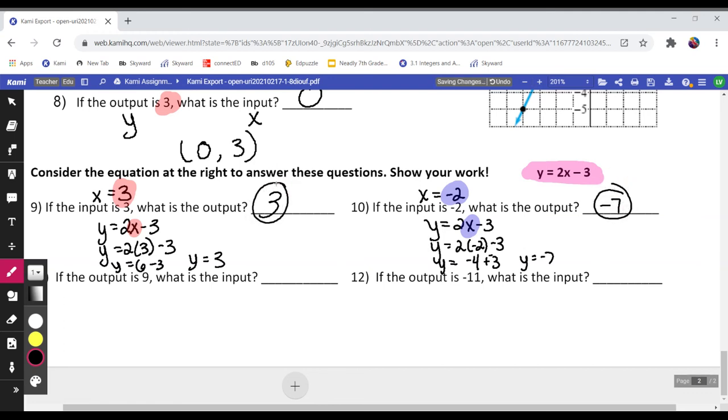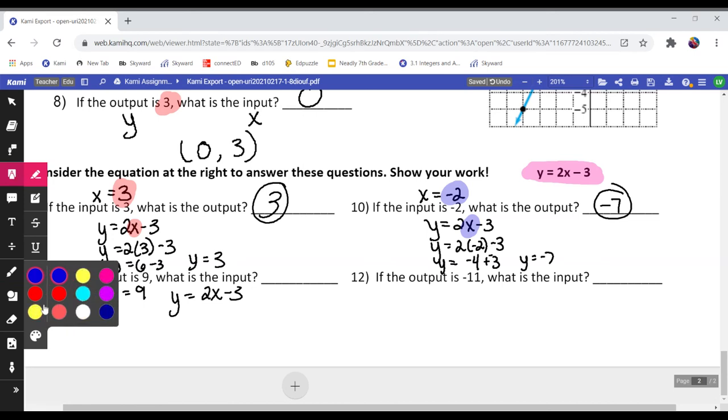All right, number 11. If the output is 9, what is the input? If the output is 9, output means my y value. What is the input? Well, this time I know my y value, not my x. y equals 2x minus 3.